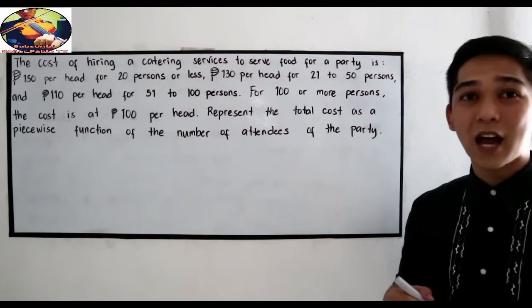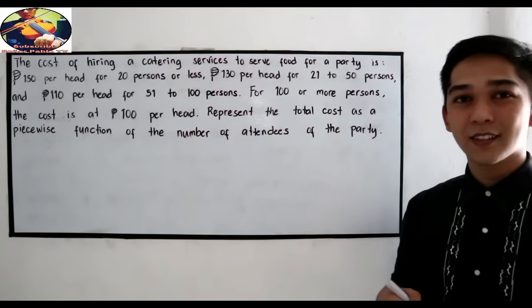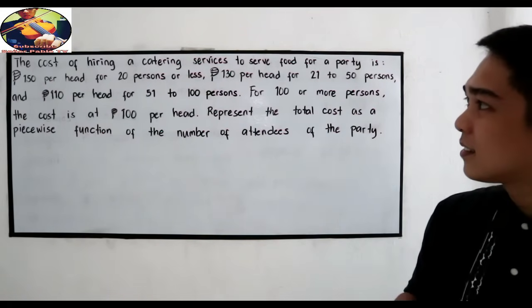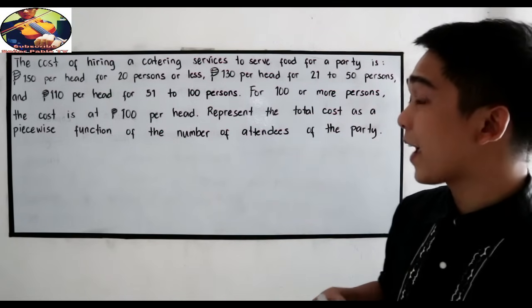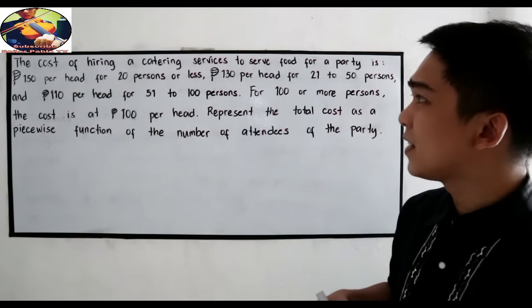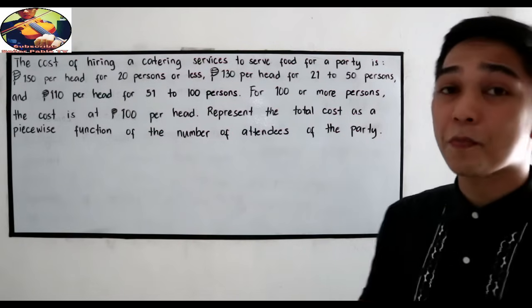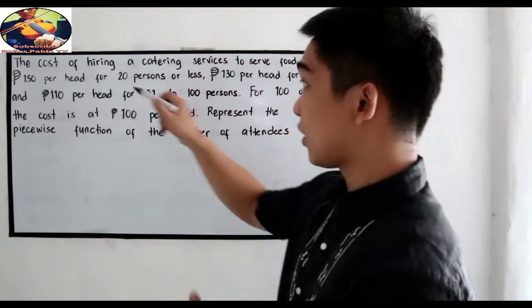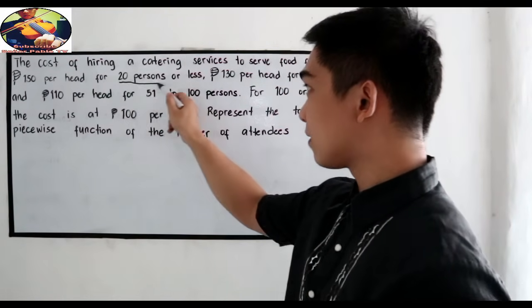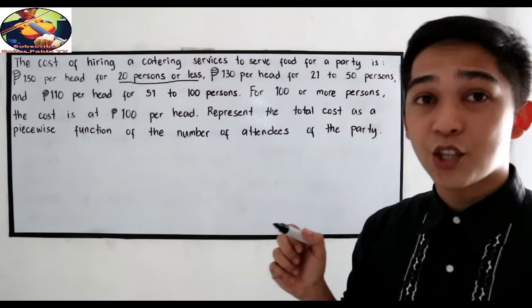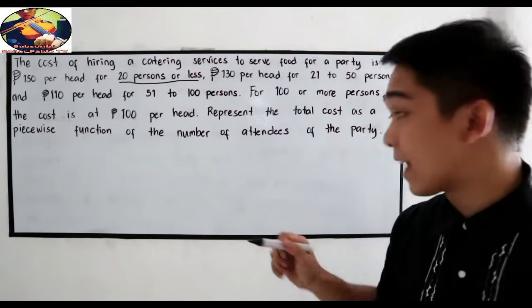So, kukunin natin yung ating conditions muna. Kapag ang attendees natin ay 20 persons or less, ito yung first condition natin. Let's say, ang persons na lang ay H or head na lang ang gagamitin natin.